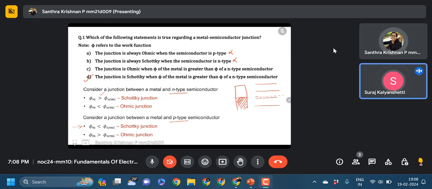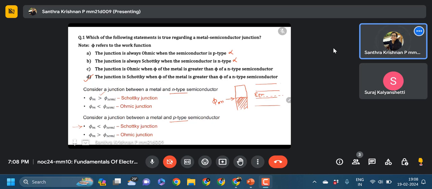Based on whether this phi m is above or below the Fermi level of the p-type, let me call it EPF, whether it is higher or lower, there will be movement from higher potential to lower potential, right? Based on that, the bands will bend, like these two bands will bend.